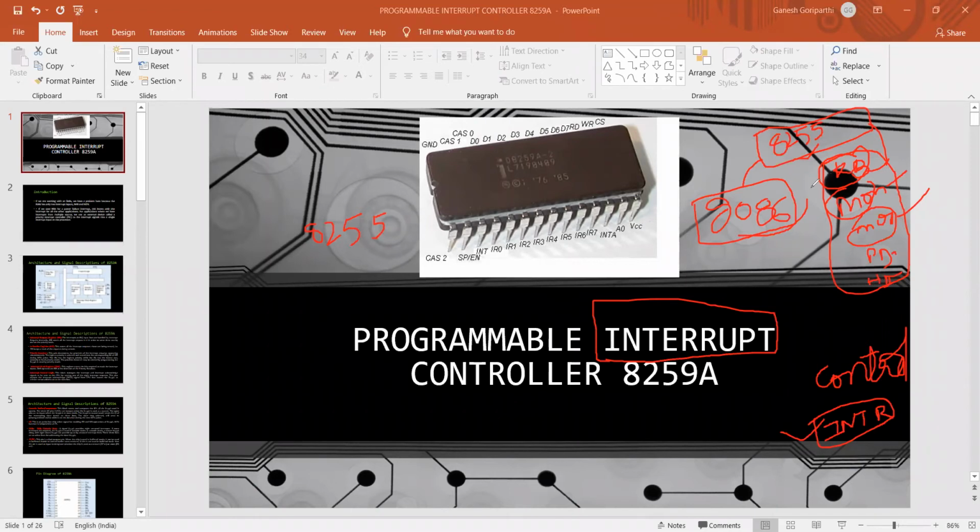But in order to perform this, first the keyboard sends an interrupt request signal. That is nothing but called an interrupt. It is informing the 8086 microprocessor that I have something to write.